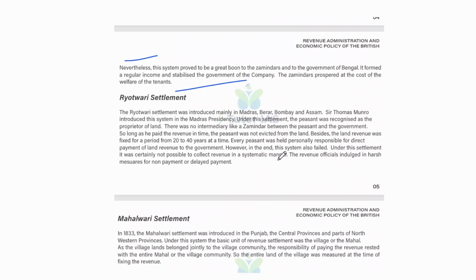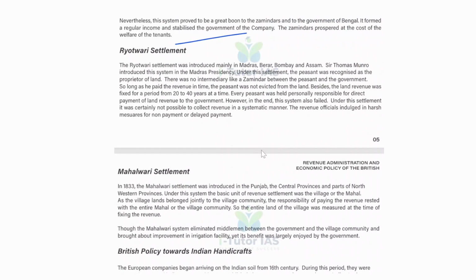Okay, next is Ryotwari settlement. The Ryotwari settlement was introduced mainly in Madras, Berar, Bombay, and Assam. Sir Thomas Munro introduced this system in the Madras presidency. Under this settlement, the peasant was recognized as the proprietor of land.